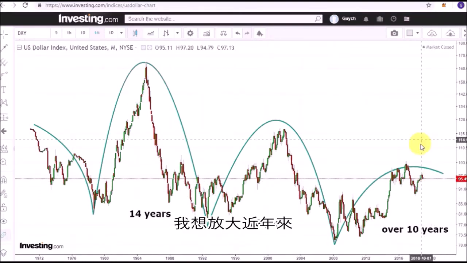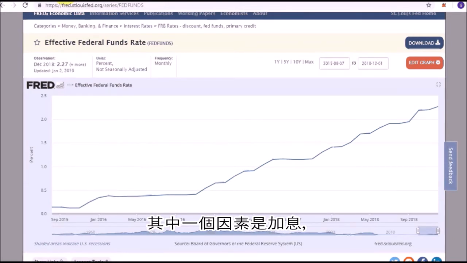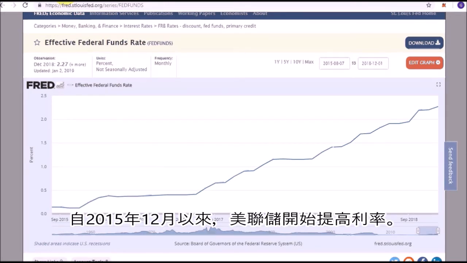So what I want to do is zoom in on the recent years, and have a look at several factors within that zoom. One of them is this interest rate hike. Since December 2015, the Fed started to increase interest rates.